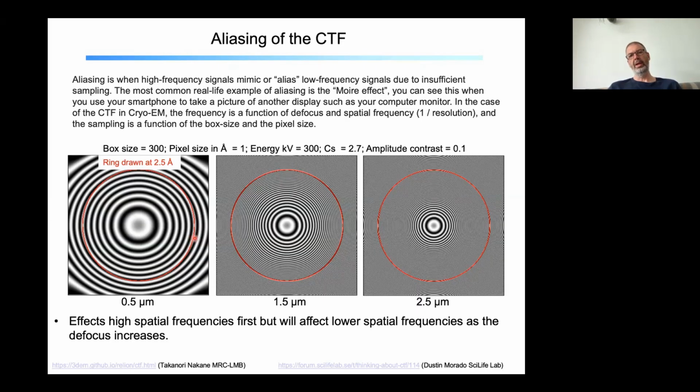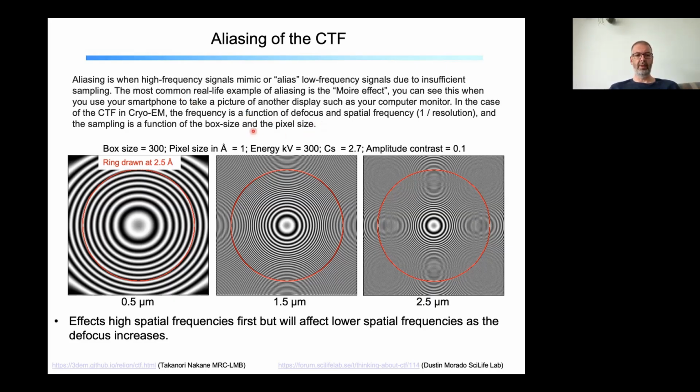So I want to make sure my microscope's working. So I'm going to put apoferritin in there, collect some data, and see how far in resolution terms I can get with it. As you go to higher and higher resolutions, you really have to consider aliasing of your contrast transfer function.